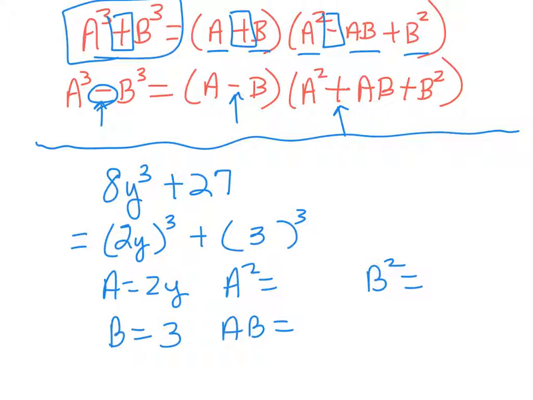But now those are real easy to figure. Because think about it. If a is 2y, then a squared has to be 2y times 2y, or 4y squared.